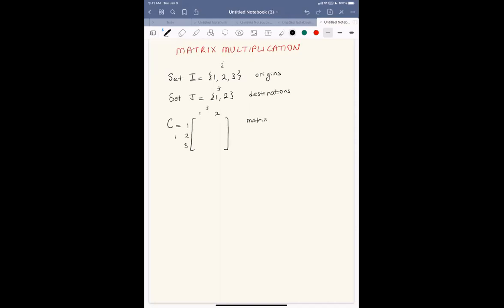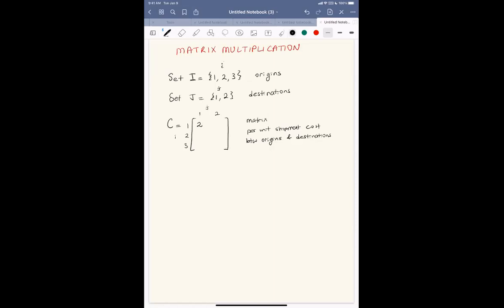And the C matrix, let's say, represents the per unit shipment cost between the 3 origins and the 2 destinations. So it will have 6 elements, right? 2 times 3, 6 elements. From the first origin to the first destination, 1, 1, the cost is $2 per unit.